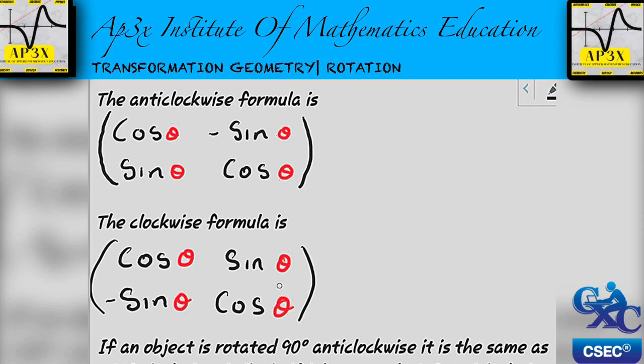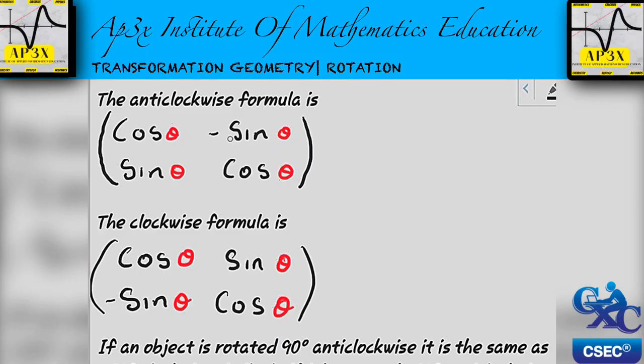Now we have two formulas here that you're seeing on screen, and that is in fact the anti-clockwise formula and the clockwise formula. You're going to find most of the time on other YouTube channels that teach math, and in textbooks and formula sheets, that the formula at the top is what they use to describe a rotation.